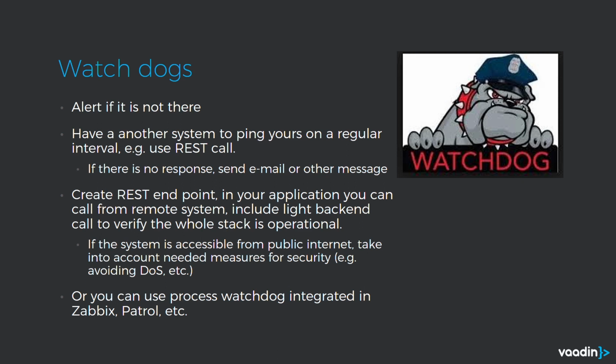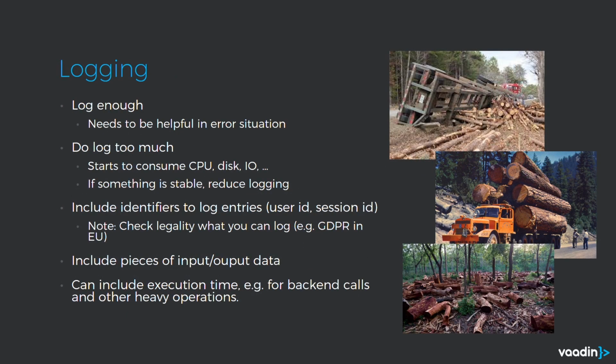If your system is not answering this REST call, you know that something is wrong, and you can send an email, or some other message if you want to integrate it with your Slack channel or something like that, that something went wrong and you need to log into your server and check what went wrong.